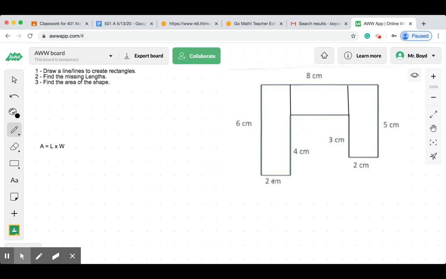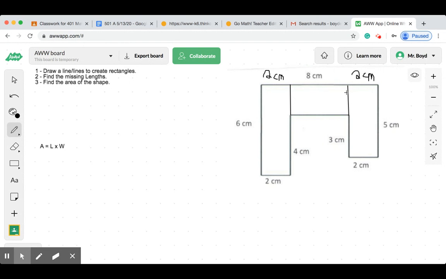If this is 2 centimeters, then the opposite side must also be 2 centimeters. Because it's a rectangle, we know opposite sides are the same. If this is 2 centimeters, then this part up here must also be 2 centimeters, because opposite sides in a rectangle are the same.